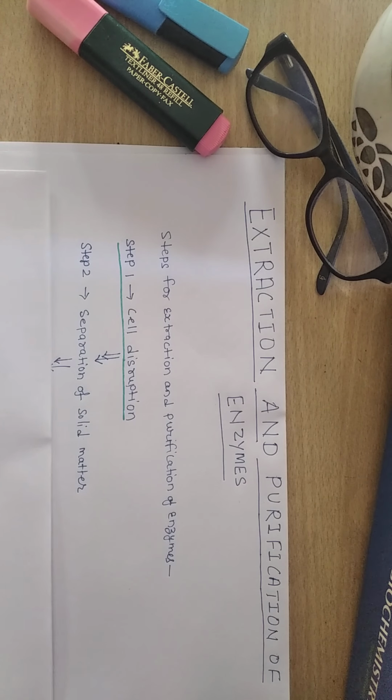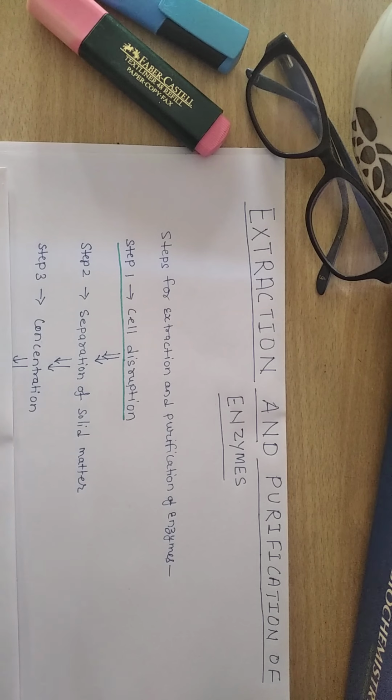Now let's move on to the third step, that is concentration. The concentration of enzymes in the processed media is often very low. Hence, the volume of the starting material must be decreased by concentration without inactivating the enzyme.